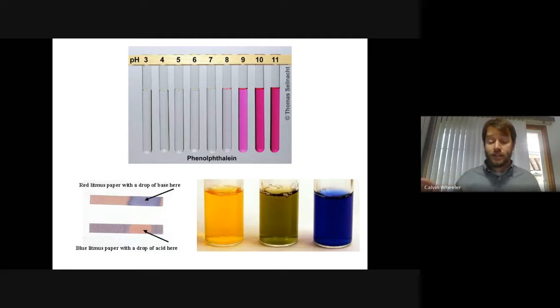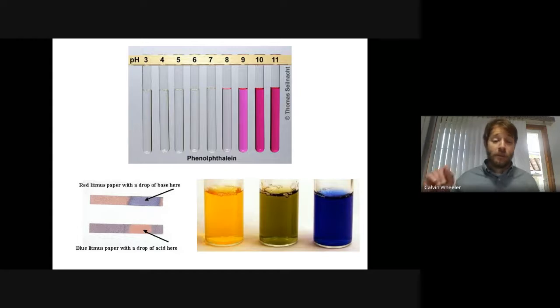On this slide, I have 3 different indicators that are commonly used in chemistry. The one at the top is phenolphthalein. If you don't want to write out phenolphthalein, you could just abbreviate it as pH. So you can see it starts with pH and has a pH right in the middle. Phenolphthalein is clear and colorless in acidic solution. So if I have an acid and I put a few drops of phenolphthalein indicator in there, it's going to stay clear and colorless.